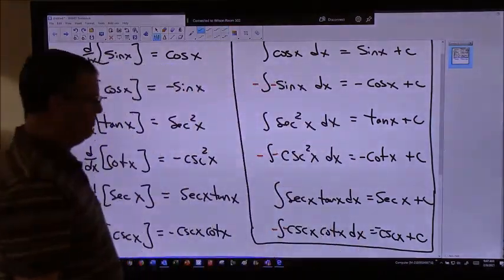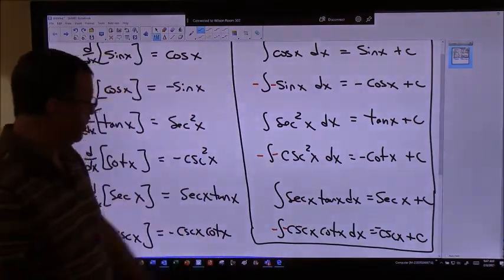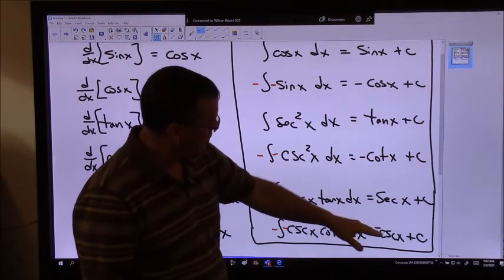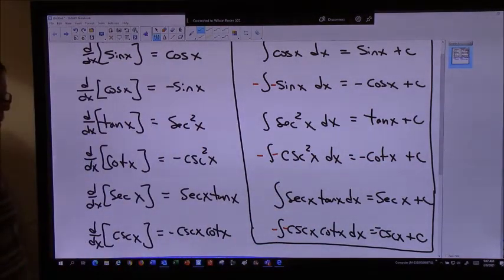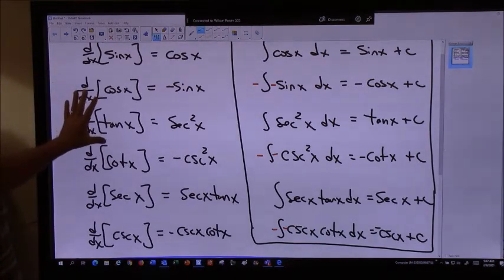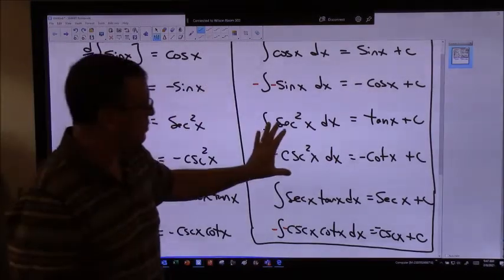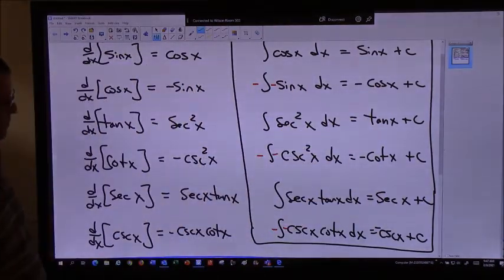There we go. Yep, that should have been a negative cosecant x plus C. Make sure you fix that in your notes. So anytime our answer starts with a C, then we're going to have a negative sign in there.